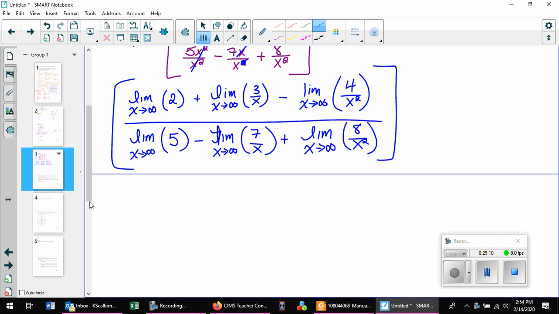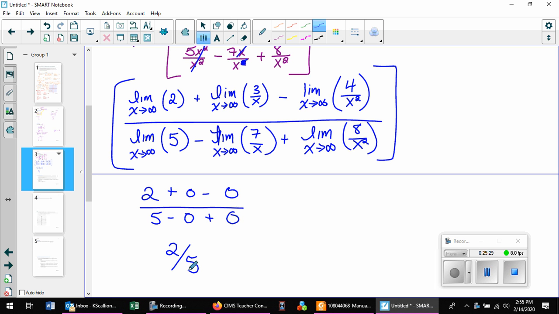Okay, so let's evaluate those limits. First one, what does that evaluate to? 2 plus 0 minus 0 over 5 minus 0 plus 0.